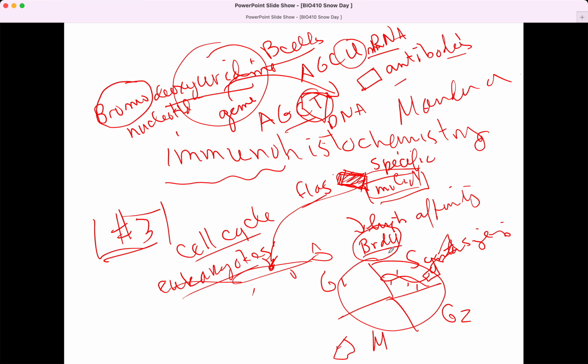And so the strategy is to take some living cells, add this BrdU, and for any cell that's in S phase, it will incorporate BrdU into the DNA, and we'll be able to detect it afterwards with this antibody staining, under a microscope. Okay, and so BrdU is said to be an S phase marker.